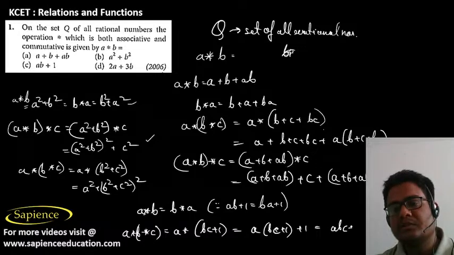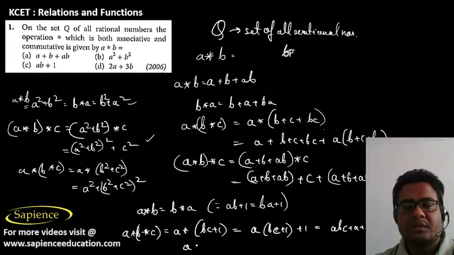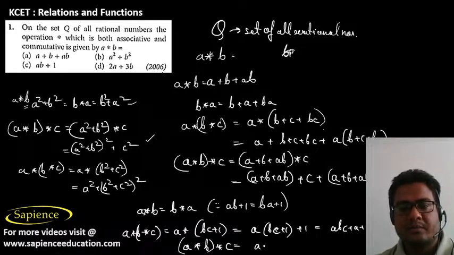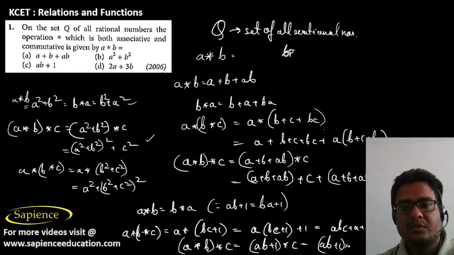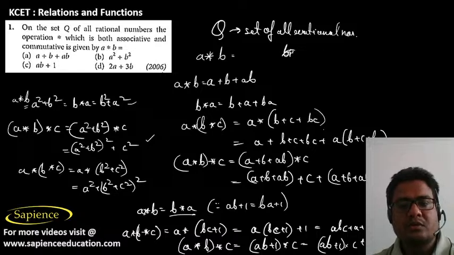So that will be ABC plus A plus 1. Then (A star B) star C would be (AB plus 1) star C, that would be (AB plus 1) into C plus 1, that is ABC plus C plus 1. So they are not the same. So in option C also, the operation star is commutative but not associative.